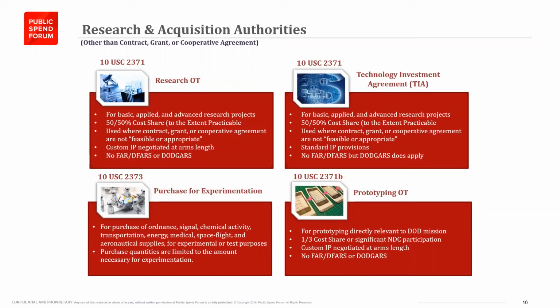Prior to that, there was prototyping authority under 2371 as a note to 2371, note 845. But in 2016, prototype OTs for DoD got its own statute, and this is where all the big dollars are going that you're hearing about.